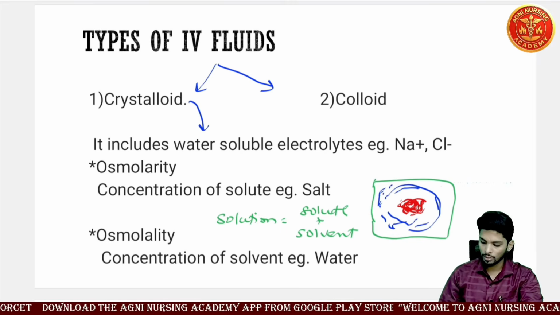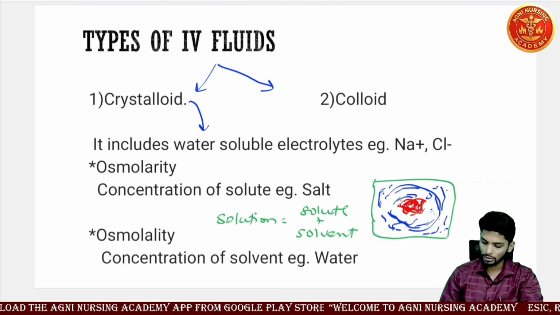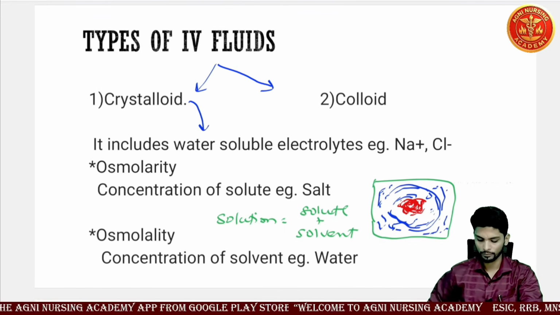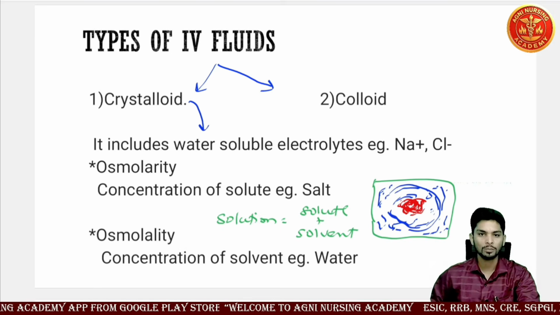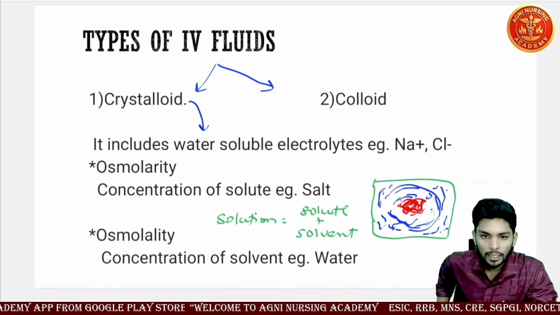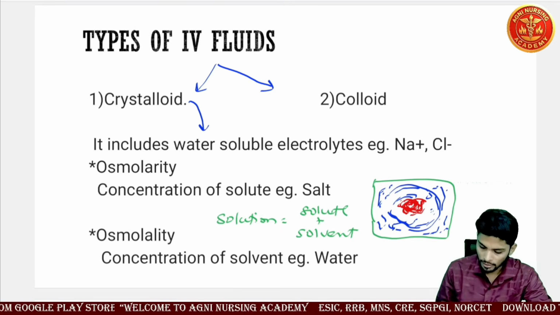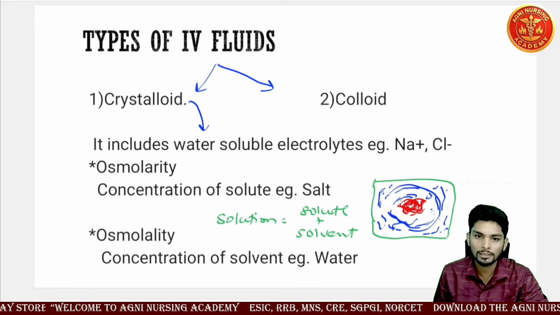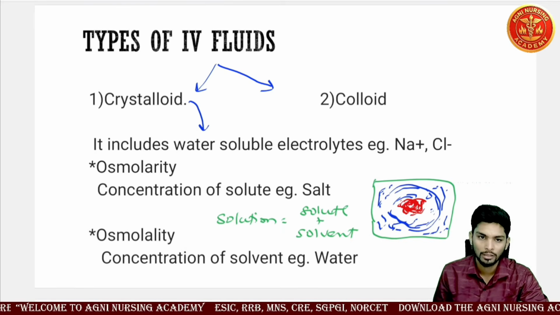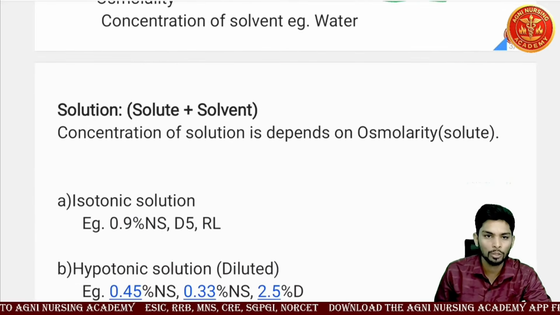So the osmolarity of the solution depends on the concentration of solute. Here one example we will take: this red color part is an example of salt, that is solute, and this blue color part is solvent, that is water. So a solution is made up of solute plus solvent.